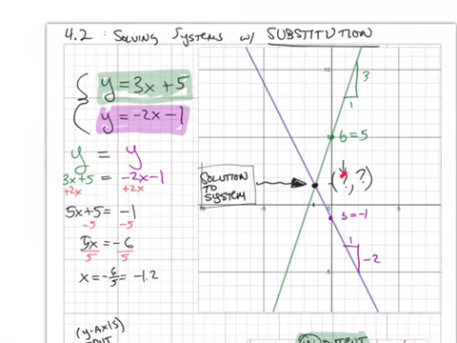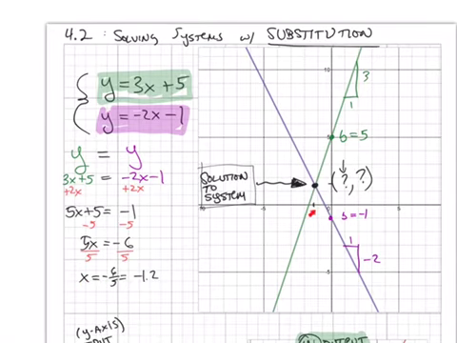But the entire solution to this system of equations is not just a single x value, it's an xy pair. So, this is a big and important point. Solving for the x value when you're trying to solve a system of equations is not the end of the process, because remember I'm looking for the xy pair that solves both two variable equations at the same time. So I've only found one of the variables.